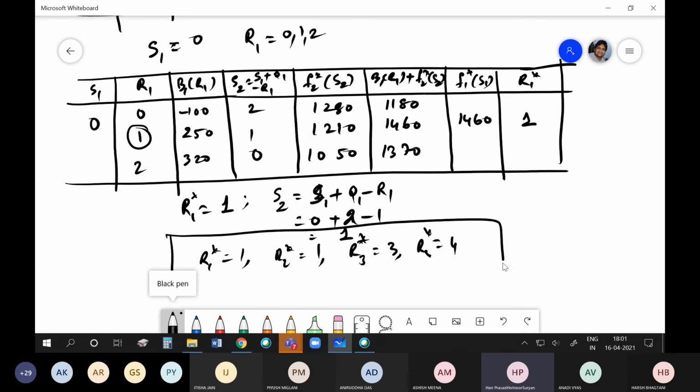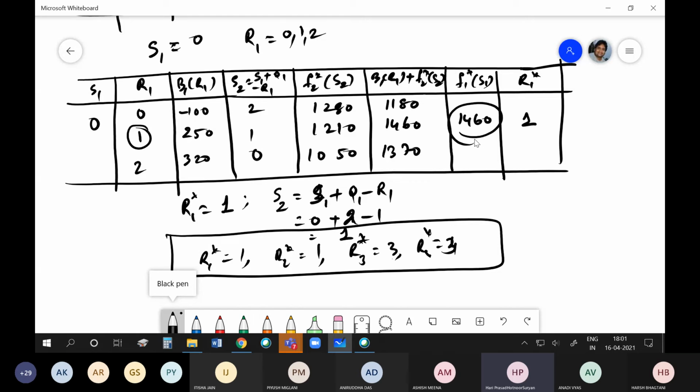That means you release 1 unit in the first season, 1 unit in the second season, and 3 units in the third and fourth, so that you will get a maximum benefit of 1460.